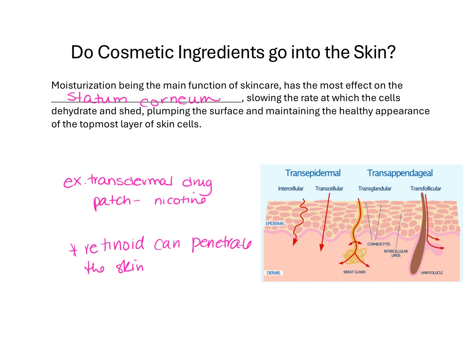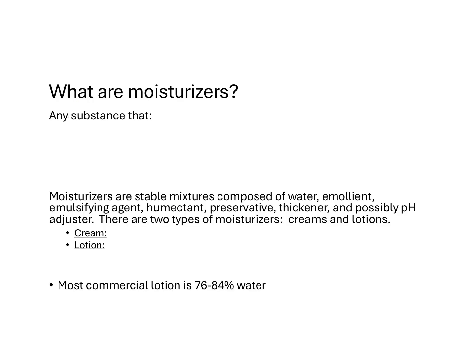Now, so we're talking about things coming into the skin. Another concern about skin is that water also leaves the skin, right? Which results in that dry skin that we need to moisturize. So let's talk about moisturizers and what they are.